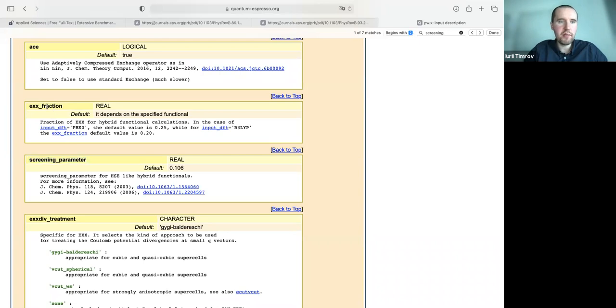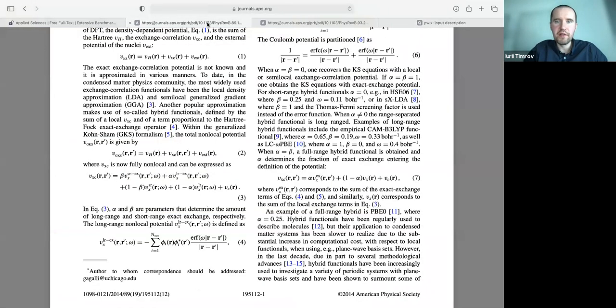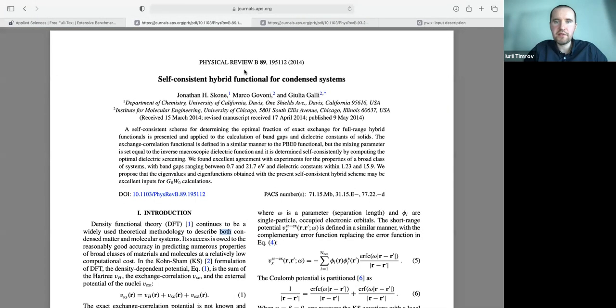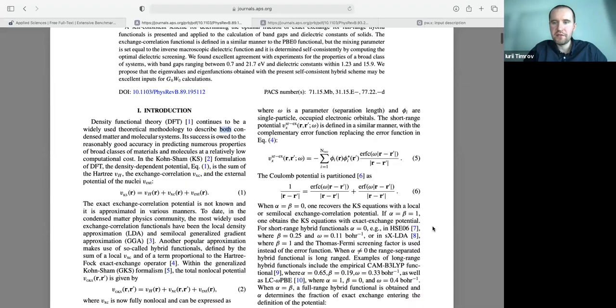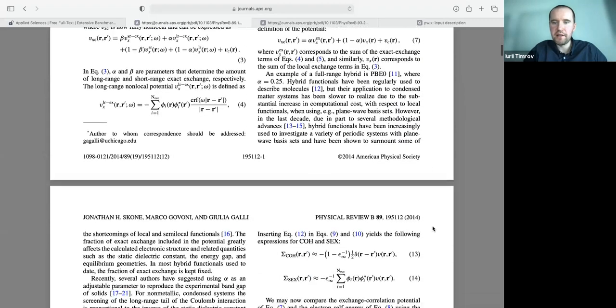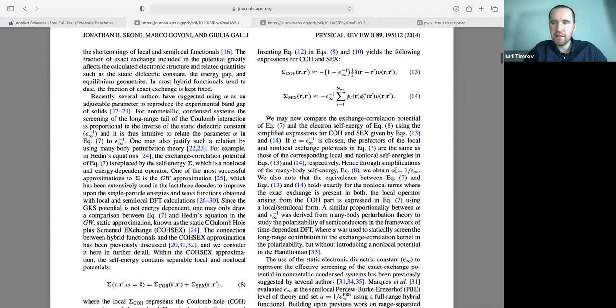So since we're talking about this, I already opened some papers for dielectric-dependent hybrid functionals from the Galli group. What they said is that this parameter alpha is actually related to the dielectric constant of your material. It's 1/epsilon.